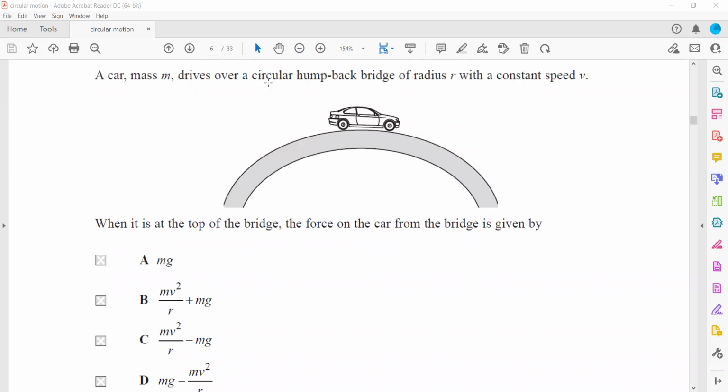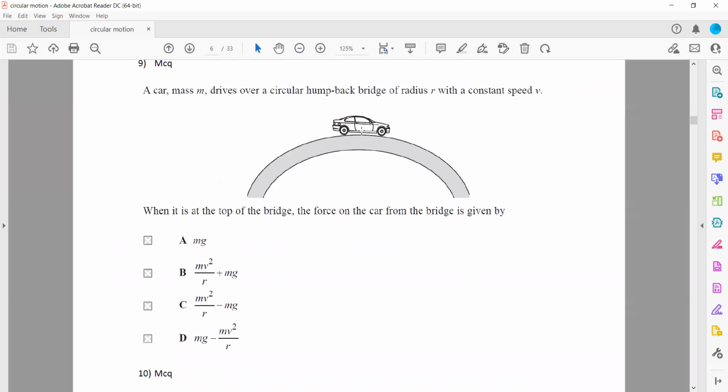When it is at the top of the bridge, the force on the car from the bridge is given by... So we need the force on the car from the bridge. We need the normal contact force, or R.